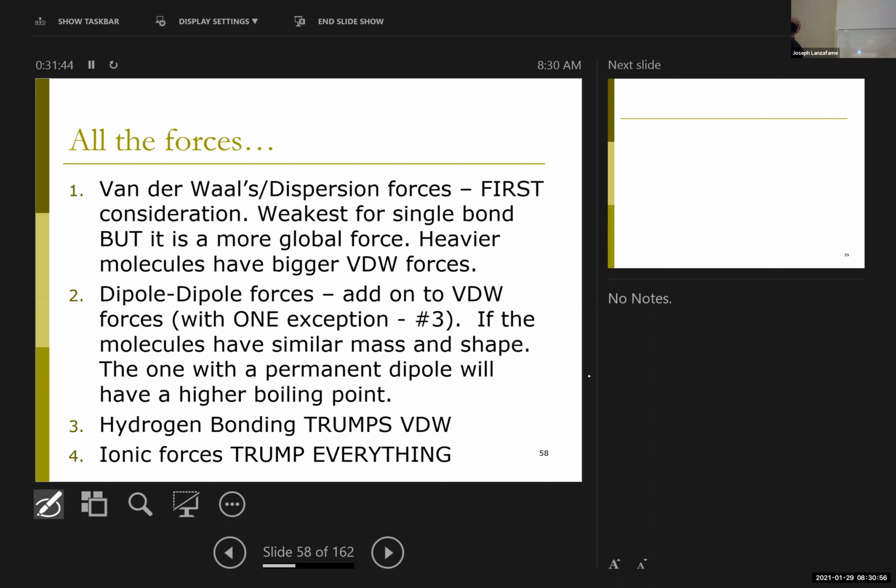Hydrogen bond is just a bigger dipole than what I'm calling a dipole-dipole interaction. It almost really should be 2A rather than 3. And the ionic force is just a dipole that is so extreme that I actually have charge separation.